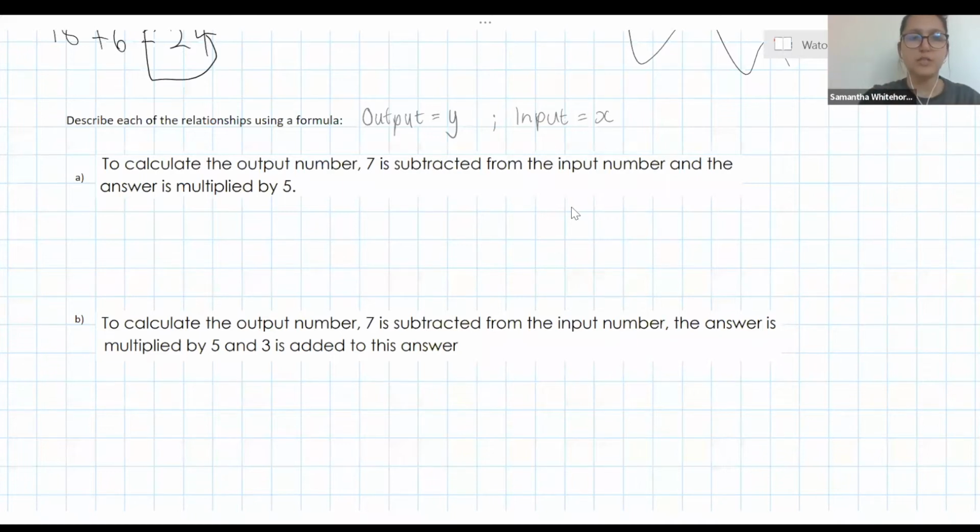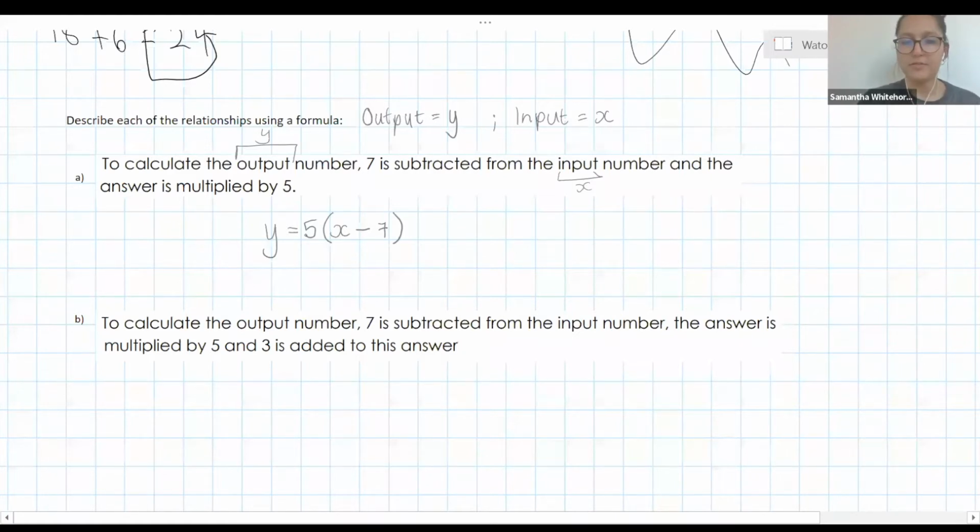So if we have a look at this first example, it's saying to calculate the output number, 7 is subtracted from the input number, and that answer is multiplied by 5. So basically it's saying to get Y, because remember the output is Y, I need to take my input, which is X, subtract 7, and then multiply it by 5. So we can come up with an equation that expresses this. Y is equal to my input number minus 7, and that whole answer is then multiplied by 5.